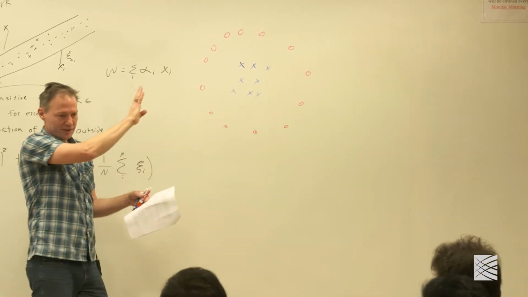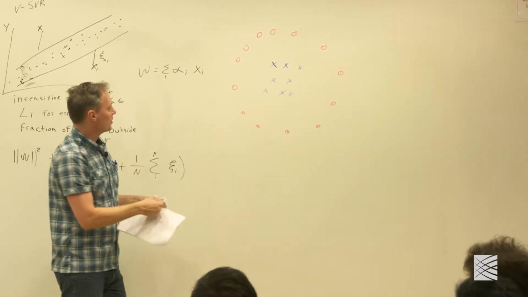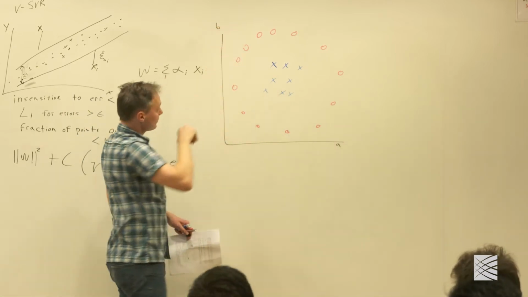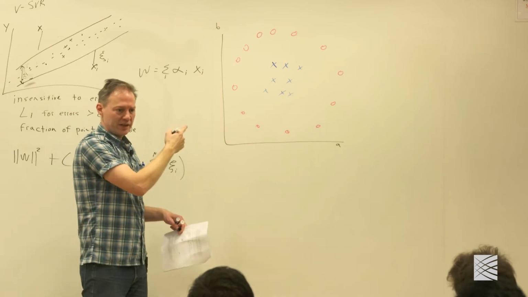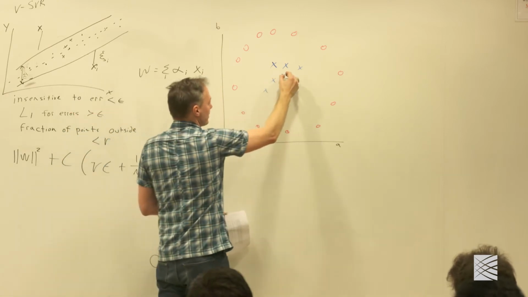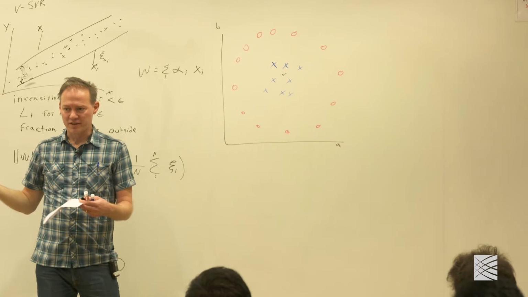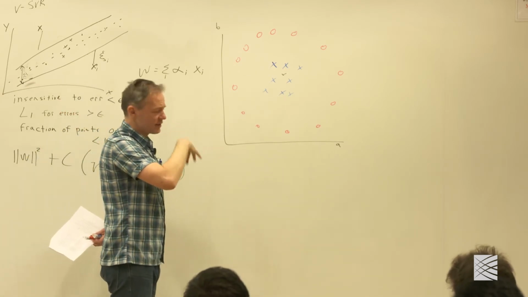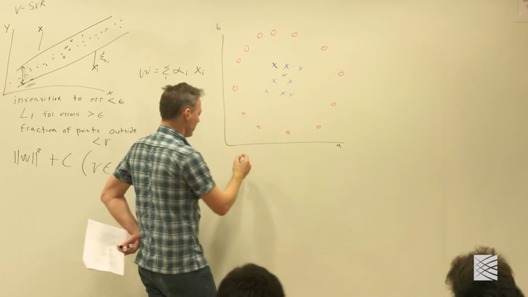All right, so we've got some nonlinear problem here. I want to separate these two classes. It's called the axes A and B. We can't do this linearly, but if only we had the distance from the center. So let's change our data.